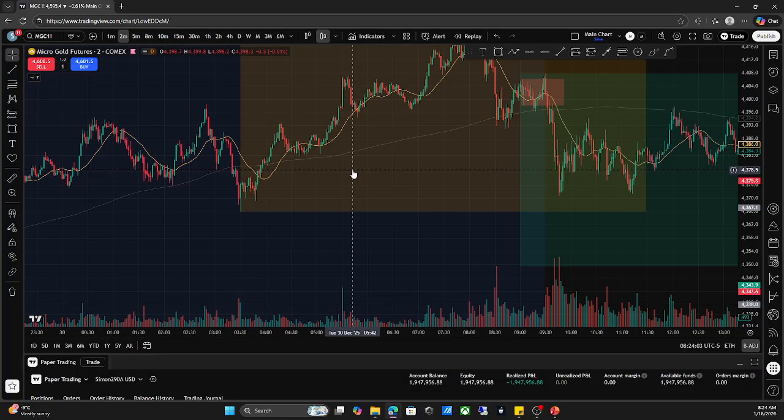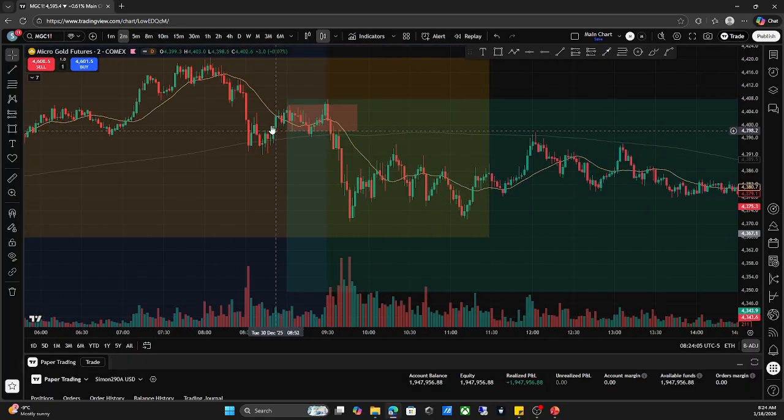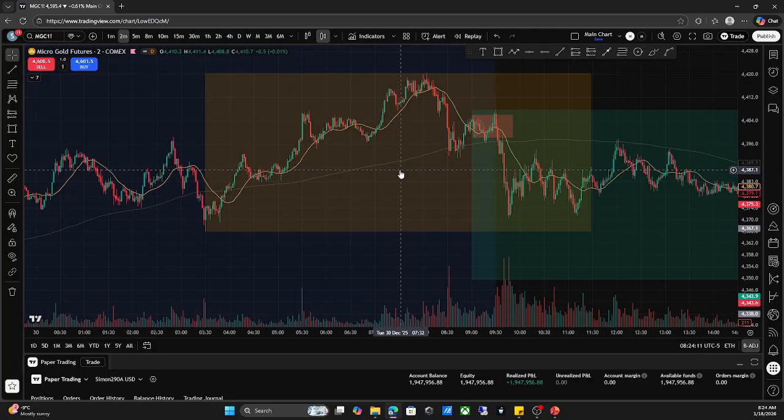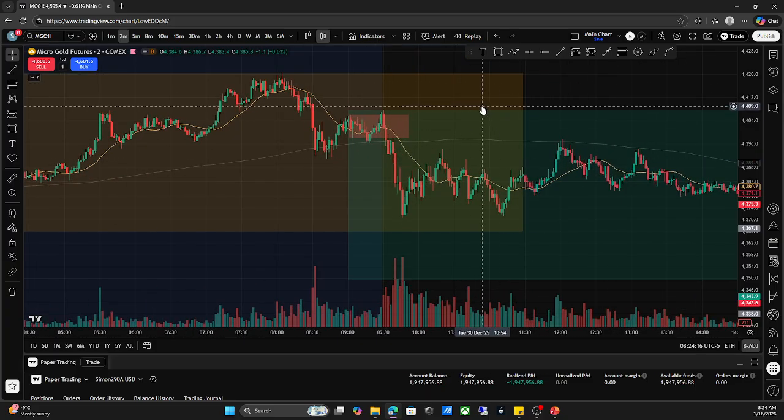Okay. See that the buyers try to break up. It's a little strange here. See that there was a continuation to the upside, for example, and it was immediately rejected. It breaks down as two complete candles, which is beautiful.